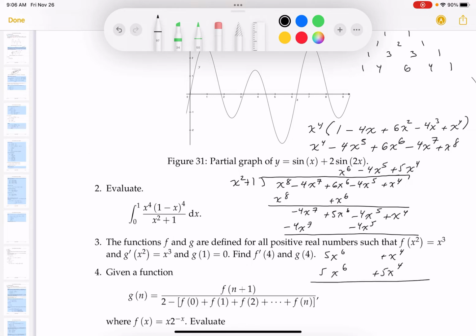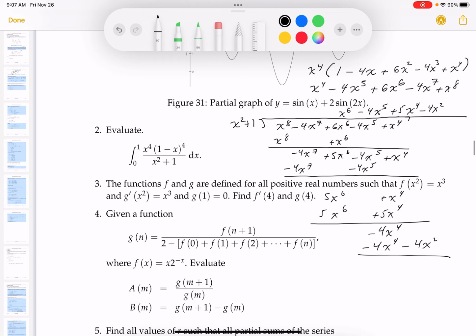I am going to subtract now. What do you get? Minus 4x^4 minus 4x squared. What do you get there? Minus 4x^4 minus 4x squared. Well, let's keep going. What do you get now? 4x squared, right?